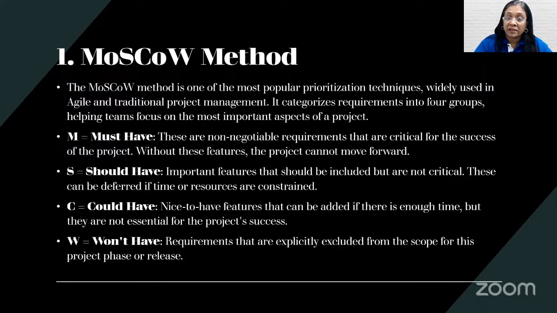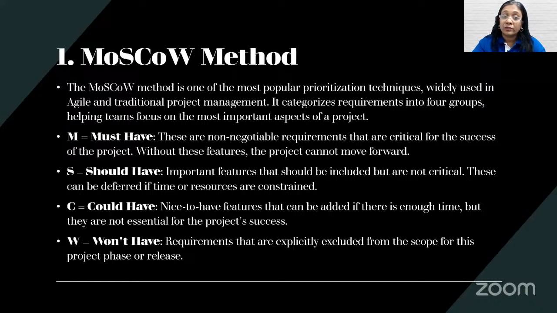These requirements you might feel, if they're not there, then why do we even need to list them? See, won't have requirements are explicitly excluded from the scope of a particular project phase or release. So your project scope document might have a mention of this, but it might also include that because we do not have specific enough time and resources for this particular phase, these requirements are deferred for the next release or the next phase.